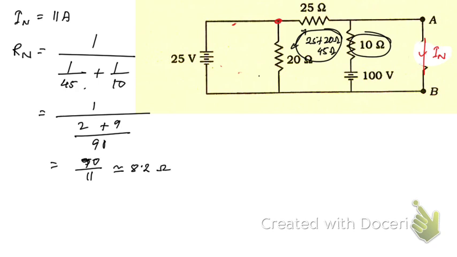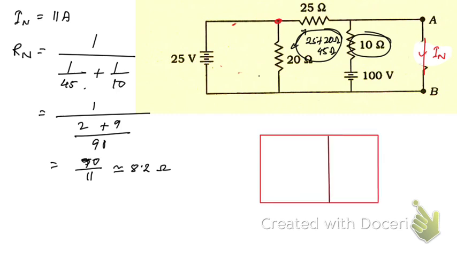Now let me make the Norton circuit here. This is the point AB across which we need to find the voltage. Here we have replaced the resistance by a short circuit.